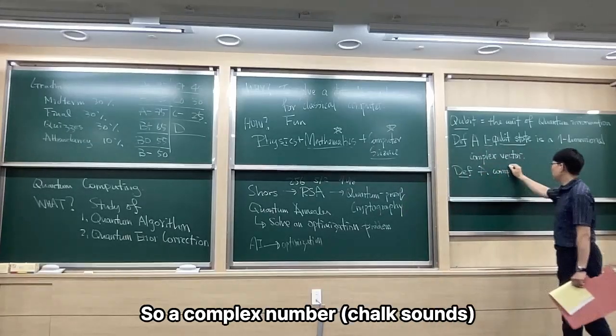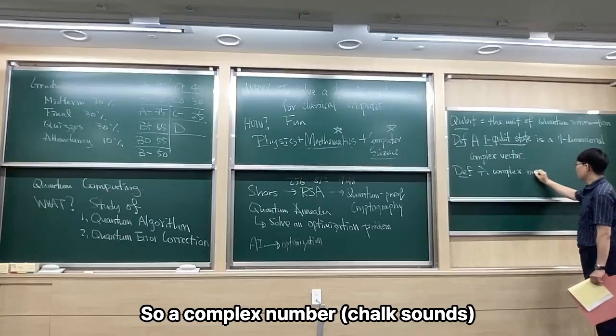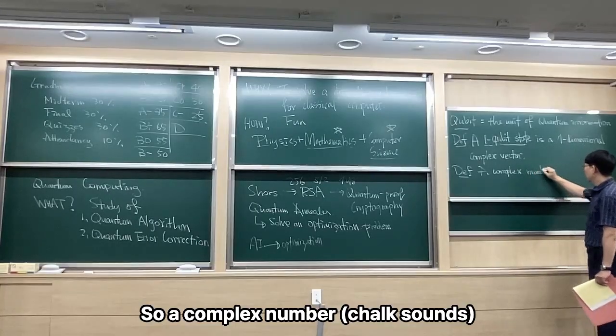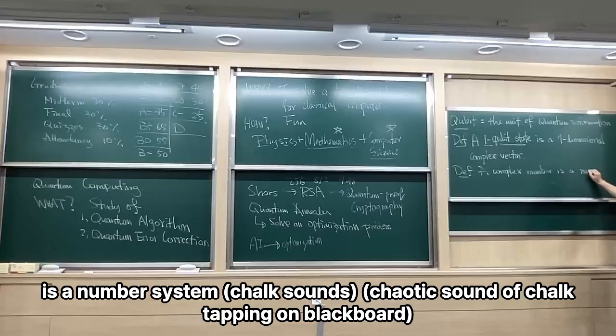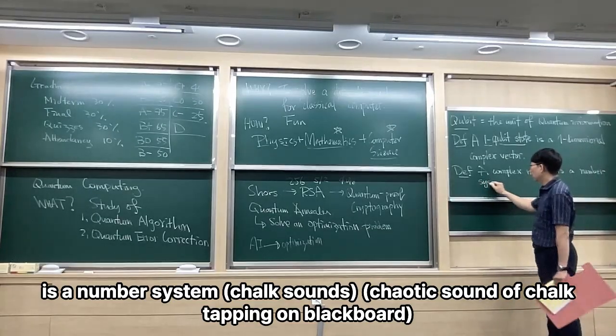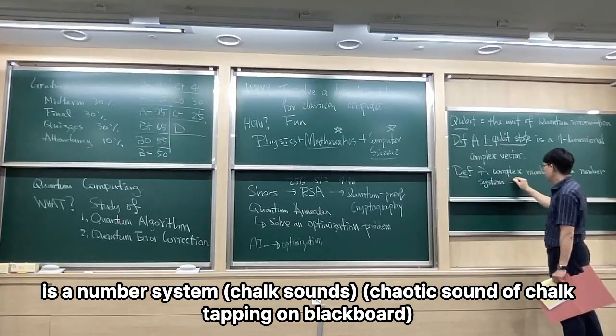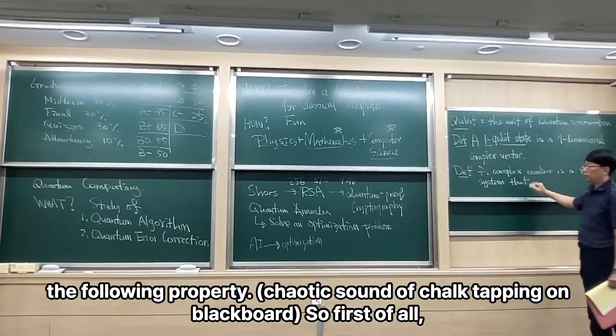A complex number is a number system that satisfies the following property.